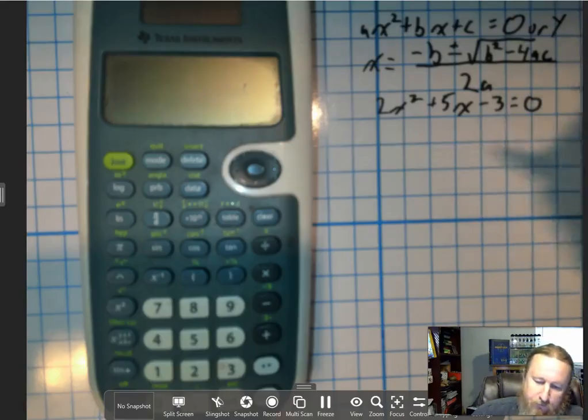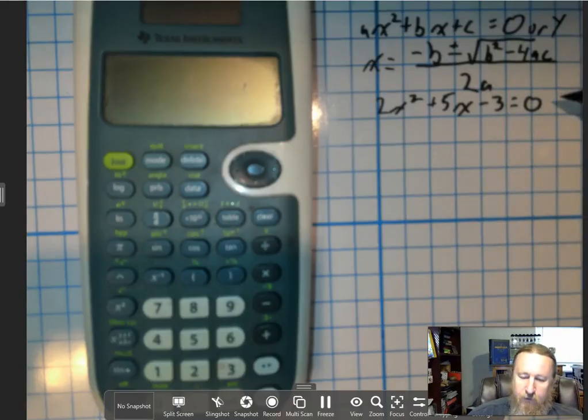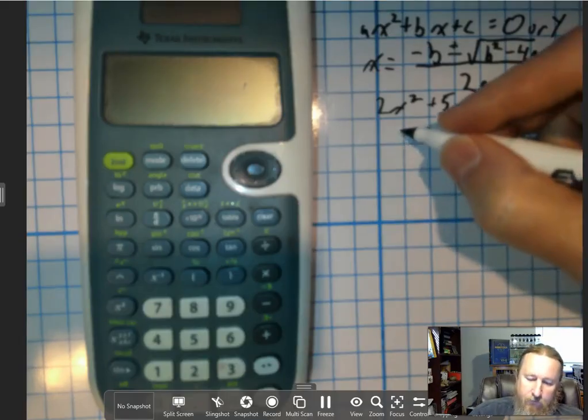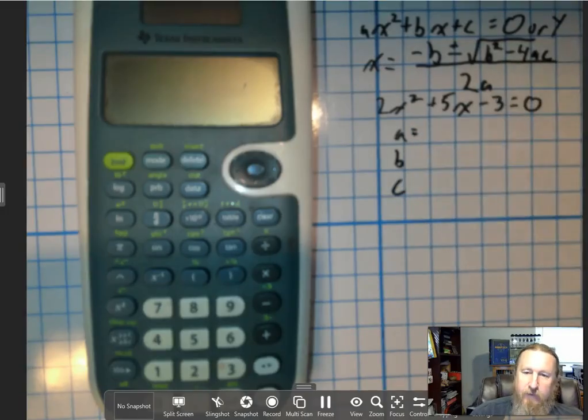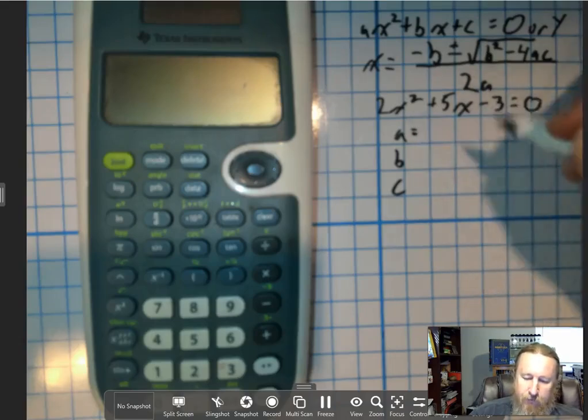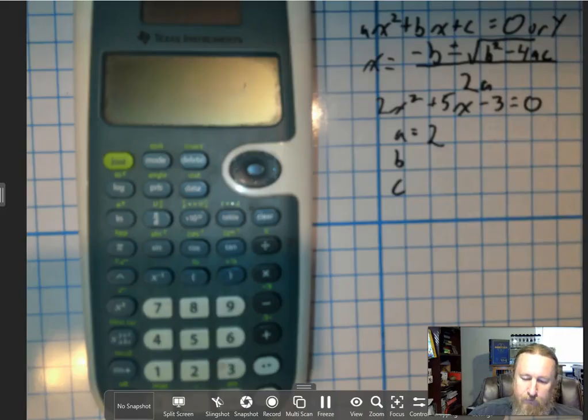So first thing we want to do, we are going to do the equation 2x squared plus 5x minus 3 equals 0, and we need to identify a, b, and c. A, going back to the quadratic equation, is the x squared's coefficient, so we have 2x squared, so a is 2.